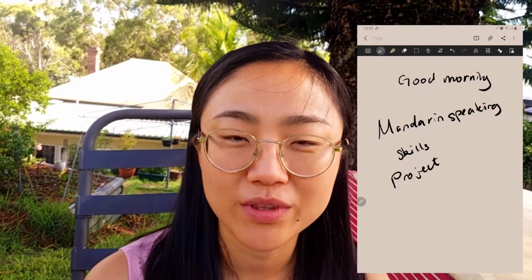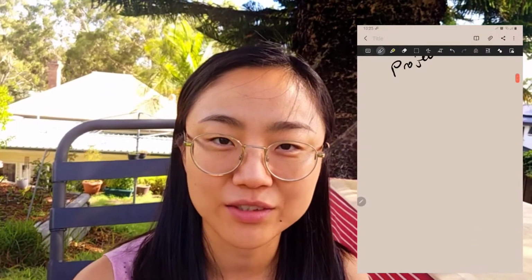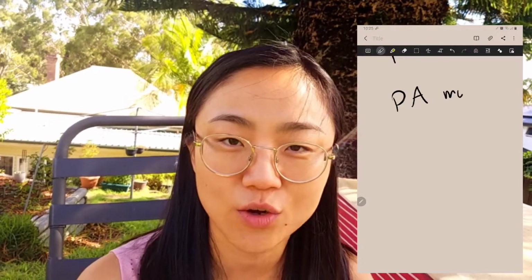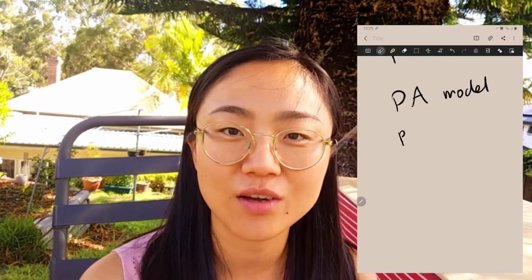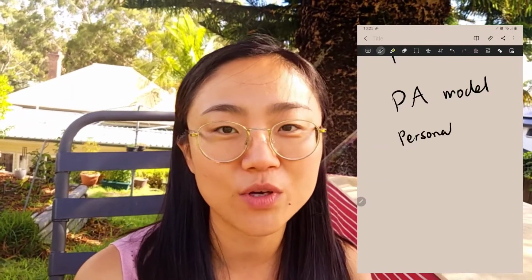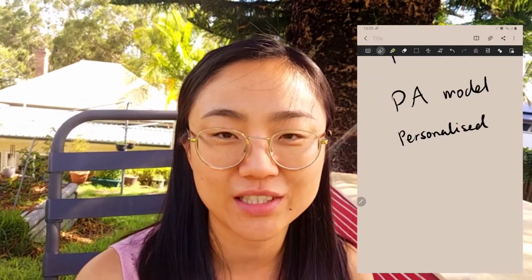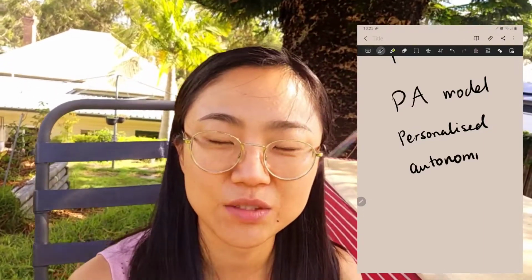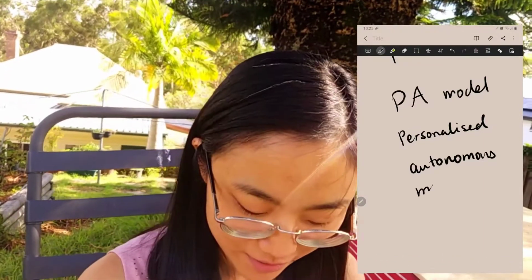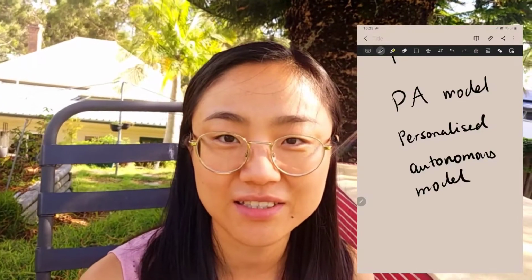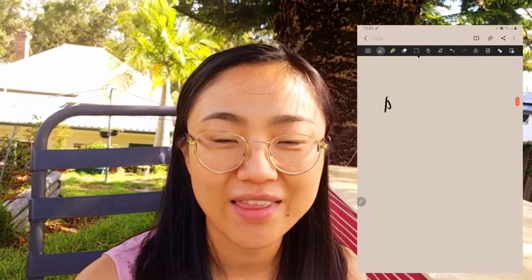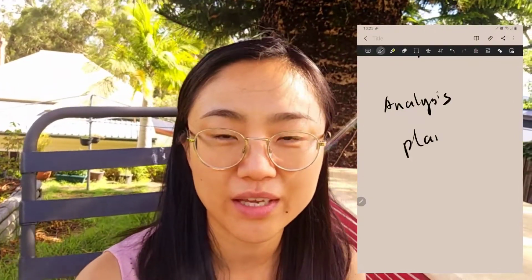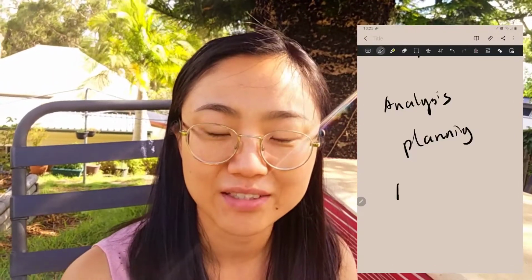The model that I'm using to guide my project design and implementation is called a personalized autonomous model, developed by Mira King. She's my teacher at UNSW, and this model has 4 sections: analysis, planning, action and reflection. Today we're mostly talking about analysis and planning.